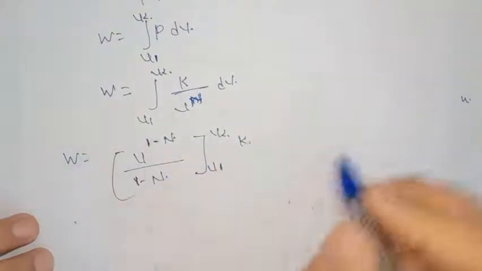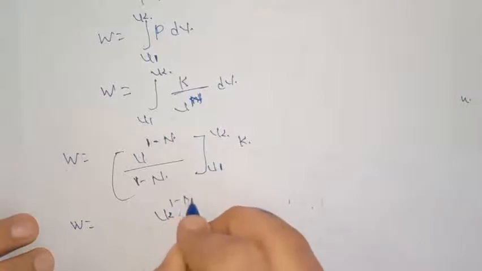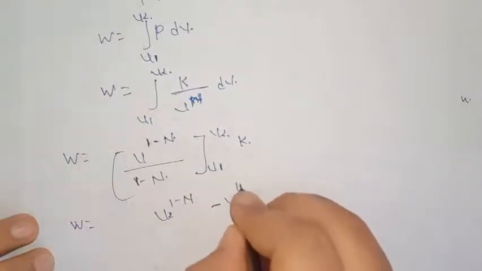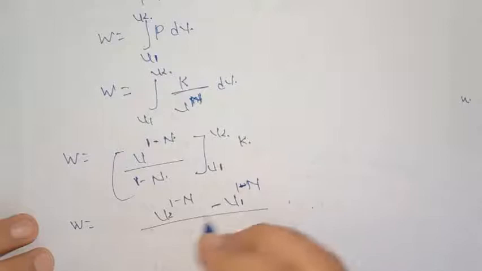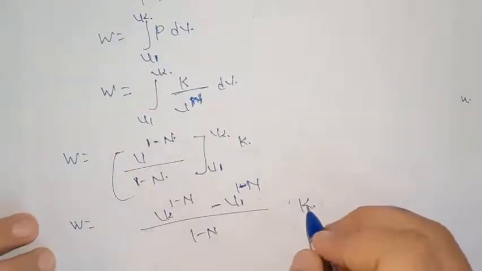into K. So work done will be equal to V2^(1 minus n) minus V1^(1 minus n), divided by 1 minus n, into K. Again, we can put the value of K as per our convenience.